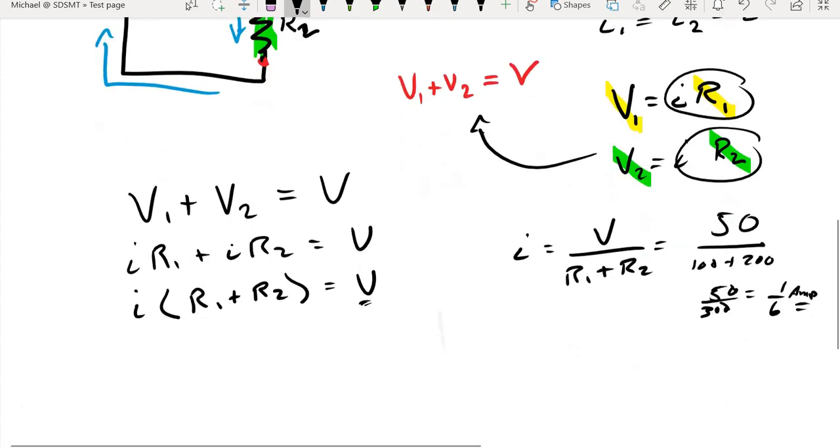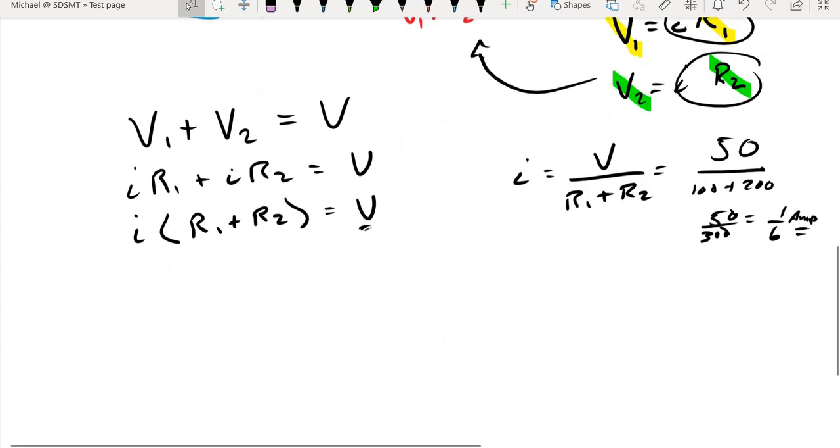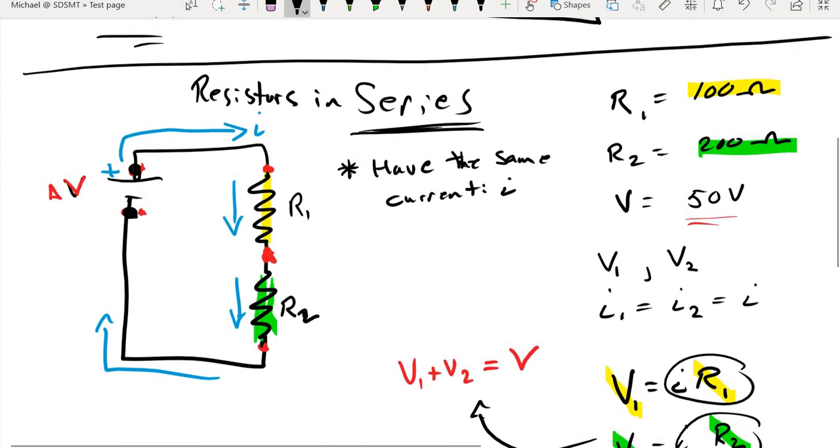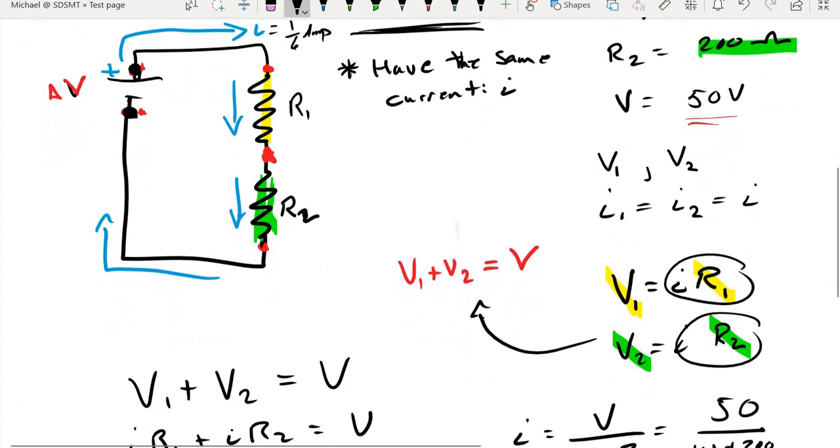I don't feel like getting my calculator out right now, but 1/6 of an amp is what we have for the current running through our circuit. Well, now that we know what the current is, we can come back to our individual potential expressions.